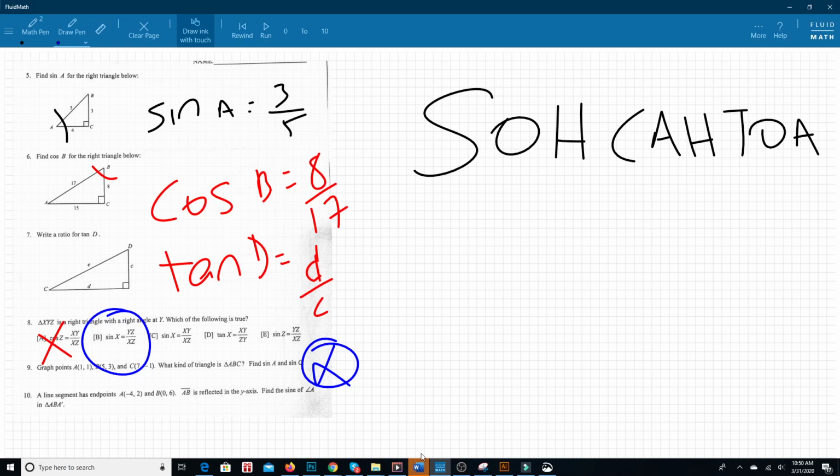A line segment has the endpoints A (-4, 2) and B (0, 6). If AB is reflected about the y-axis, find the sine of angle A in triangle A B prime.